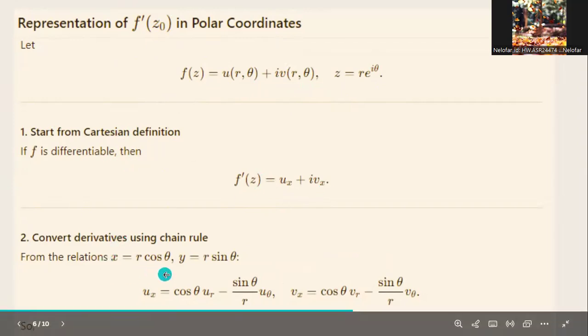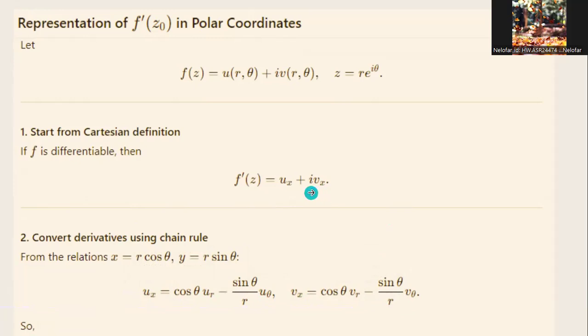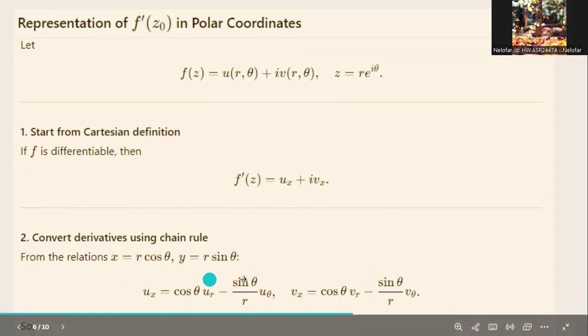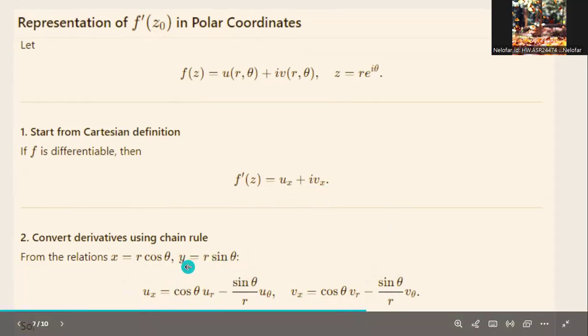Since x is r cos theta and y is r sin theta, as before we can use ux and vx, which are cos theta ur minus sin theta by r u theta, and vx is this. We substitute these values in this using the chain rule.